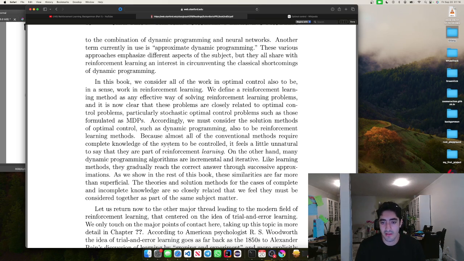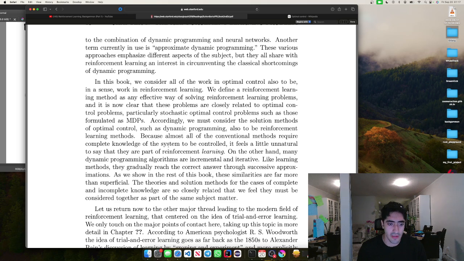Accordingly, we must consider the solution methods of optimal control, such as dynamic programming, also to be reinforcement learning methods, because almost all of the conventional methods require complete knowledge of the system to be controlled. It feels a little unnatural to say that they are part of reinforcement learning.